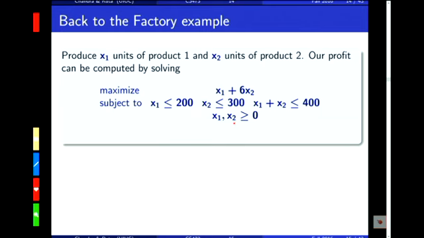For that we need to understand how these feasible points look, so that we will know where this quantity will be maximized. All the x1, x2 which satisfy these linear constraints, let's call them feasible points. And subject to those feasible points, we want to maximize this linear quantity on x1, x2.